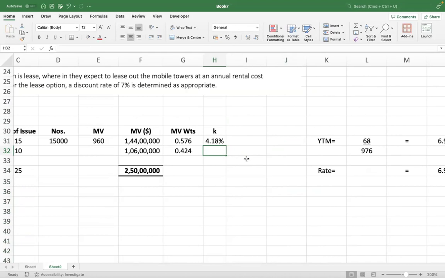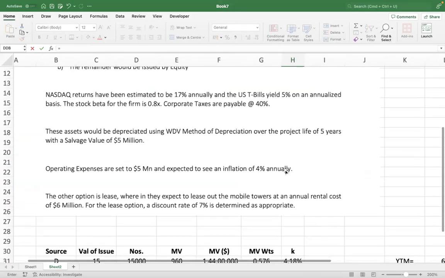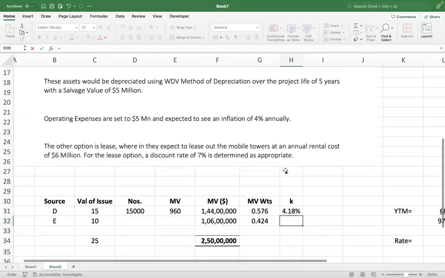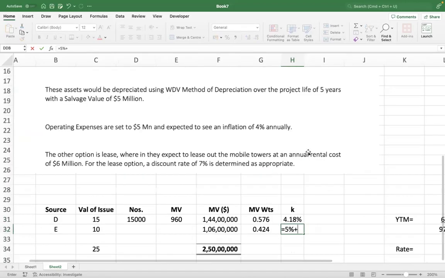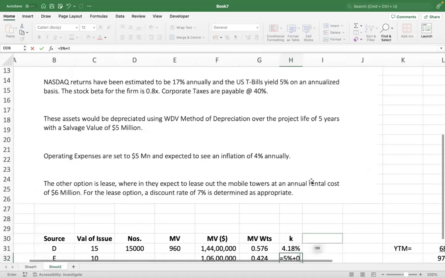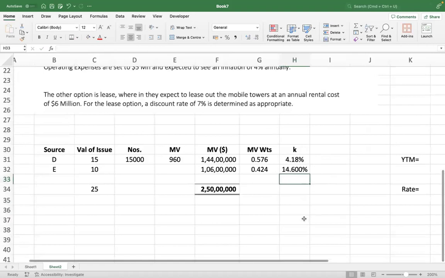And cost of equity would be? Cost of equity, you can take the CAPM, which is 5% annualized yield plus 0.8, your beta, into 12%. So that makes it 14.6.